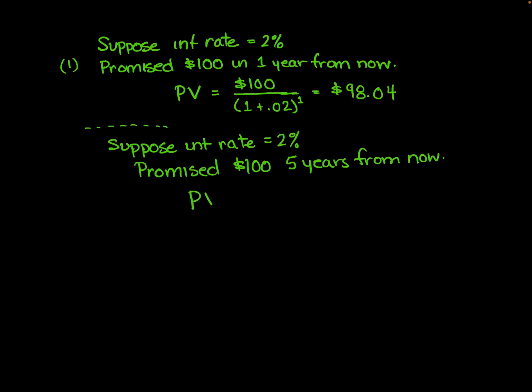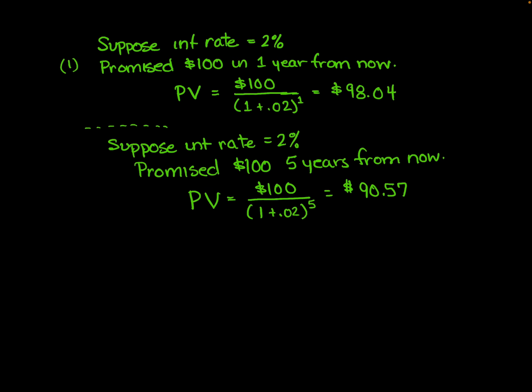So what's the present value? Well, the present value is numerically $100 divided by 1 plus 0.02, so 1.02 raised to the 5th power. And if I did this correctly, the number that you would get here is $90.57.